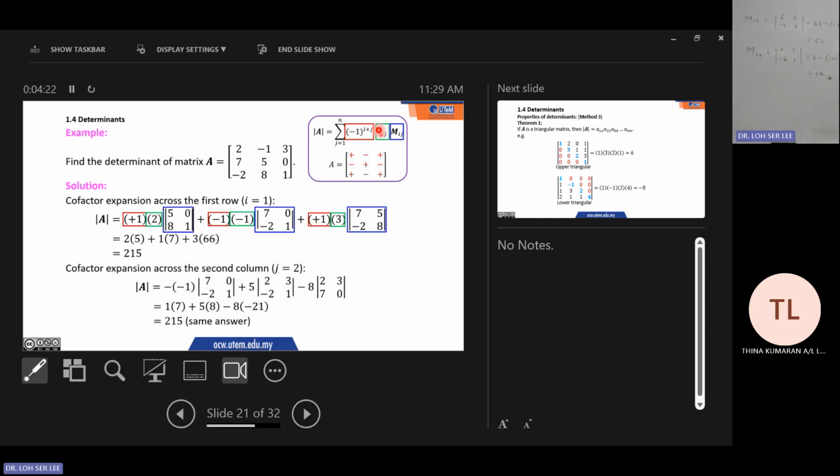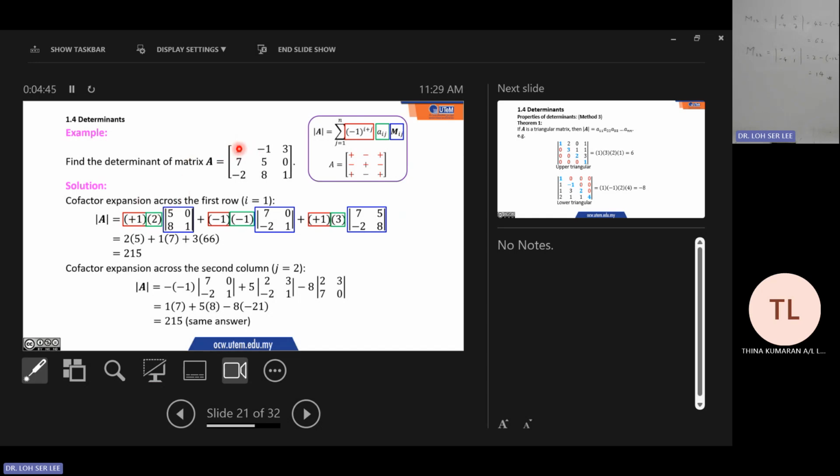We need to multiply the alternating sign to the entry itself. So the entries are 2, -1, and 3. Because of the summation, that's why we have this 3. We find it one by one. The first one, the alternating sign is plus. The entry itself is 2.